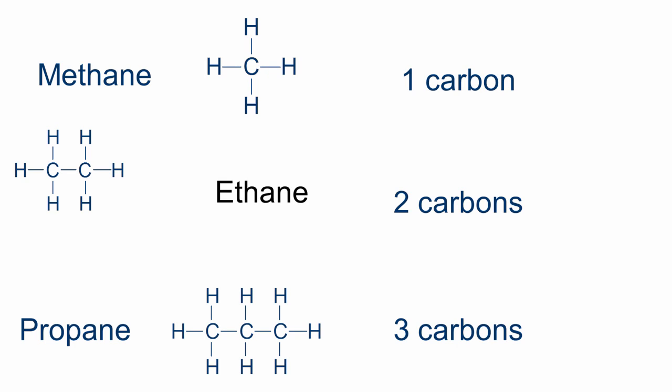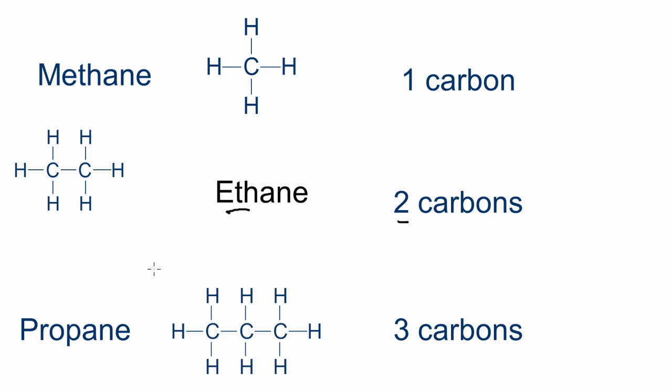Now let's take a look at the first 3 alkanes. So here you recognize methane. It has 1 carbon bonded to 4 hydrogens, and this is the smallest alkane. The next one is ethane, and ethane has 2 carbons, and notice the 2 carbons are bonded to one another, and each carbon is bonded to 3 hydrogens.